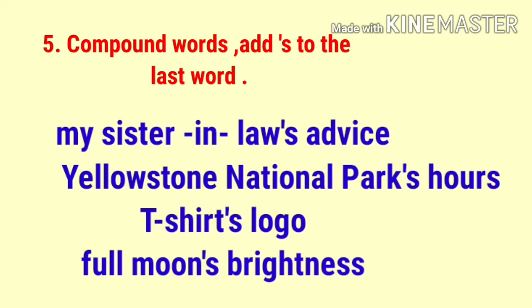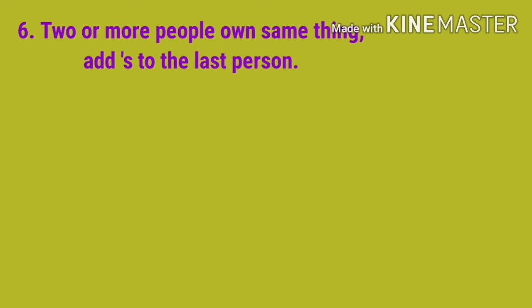Full moon's brightness. So, for compound words, we add apostrophe s only to the last word to show possession. Are you clear, children? Sixth one, if two or more people own the same thing, we add apostrophe s only to the name of the last person.